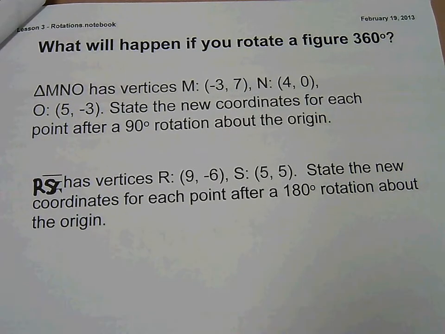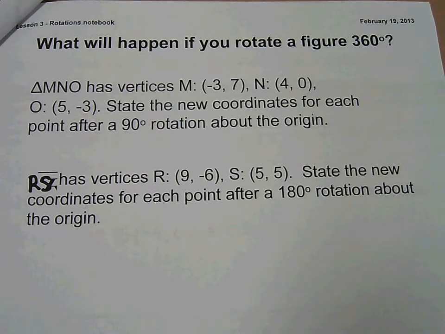We also have some worksheets to think about. If you have a triangle with these vertices and these coordinates for the vertices, what would the new coordinates be for each point after a 90-degree rotation around the origin?